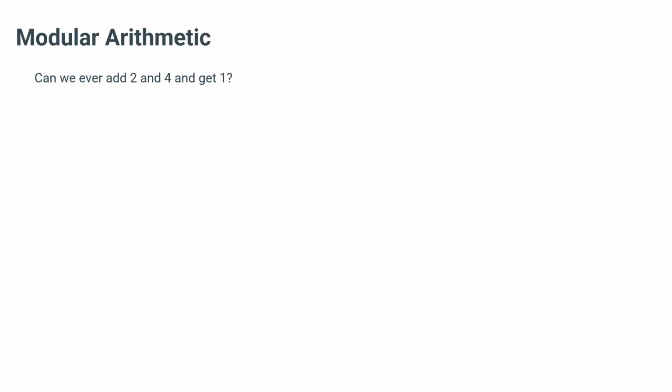Now we're going to talk about some strange arithmetic. It's called modular arithmetic. If I asked you, can I ever add 2 and 4 and get 1? You would probably say no. 2 plus 4 is always 6, never 1. But if I use modular arithmetic, I could get a 1. If I'm talking about a certain addition with a certain mod to it, so addition mod 5, I could get 1.